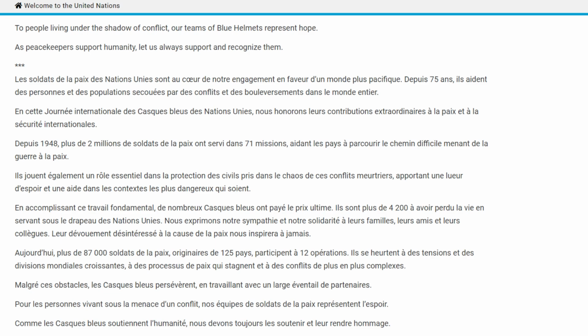More than 4,200 peacekeepers have lost their lives while serving under the United Nations flag. We express our sympathy and our solidarity with their families, their friends, and their colleagues. Their selfless commitment to the cause of peace will always inspire us.